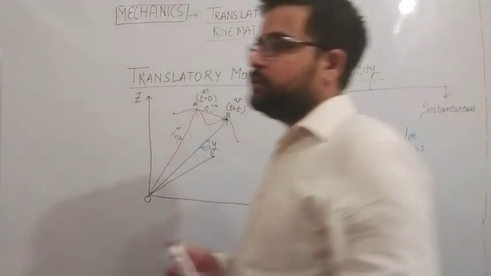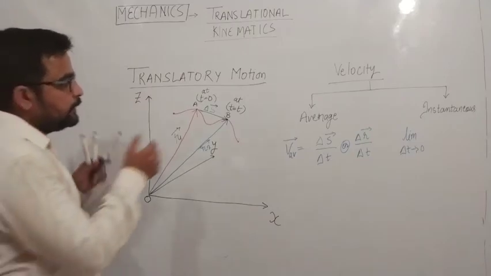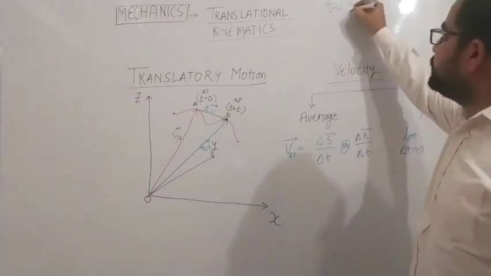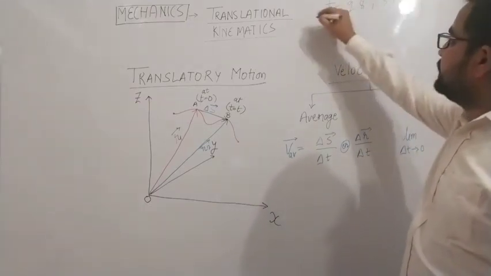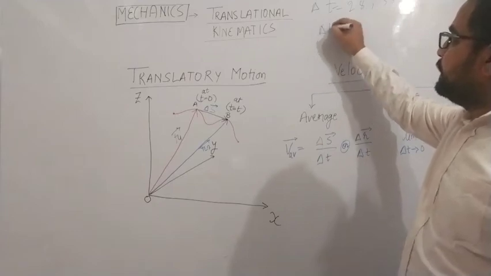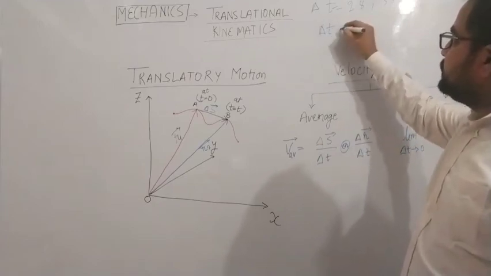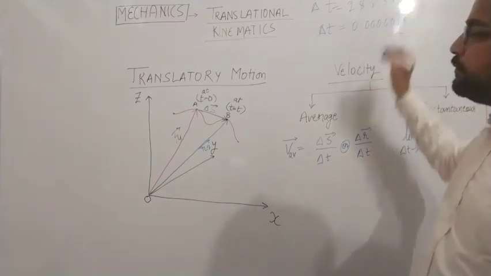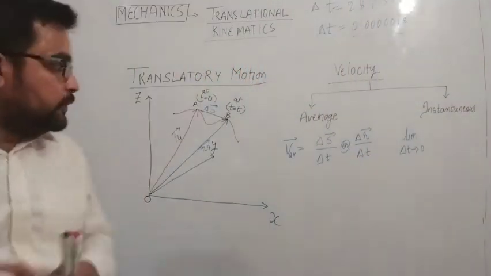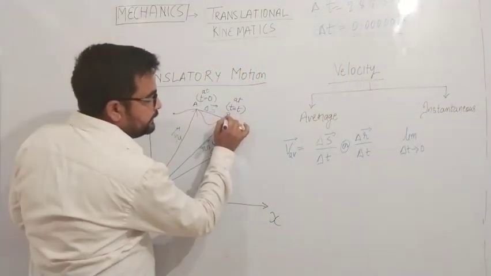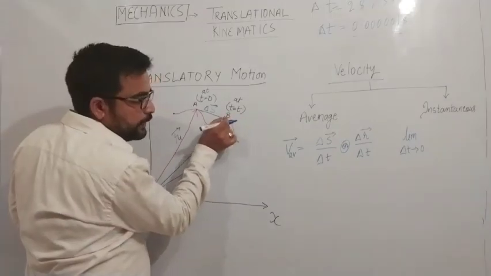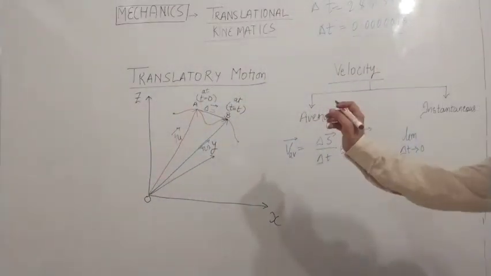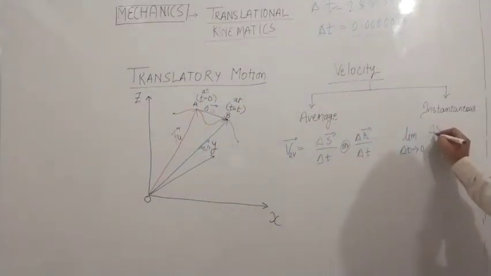So now if I am reducing it, see, suppose you take the finite value as t is equal to 2 seconds, 3 seconds, this time interval is finite. Then delta t tending to 0 means delta t is equal to 0.000001 second. So for this time interval you are going to analyze the motion. That means at this very moment, what will be your delta S by delta t?